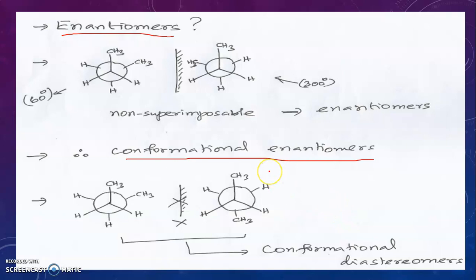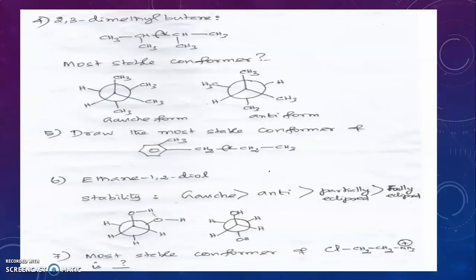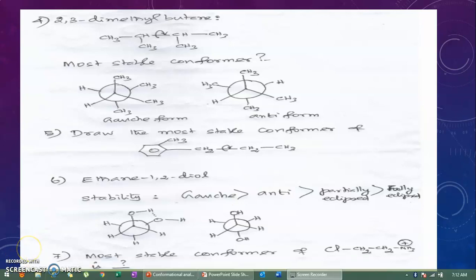Okay, so this is very important. Keep this in mind. Then, it is very clear that staggered conformation is in general more stable than the eclipsed conformation.